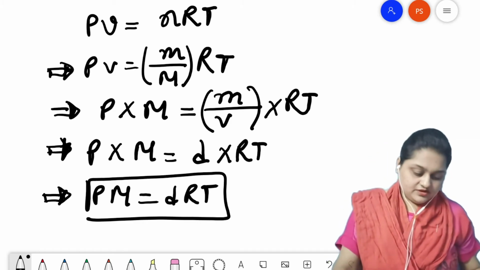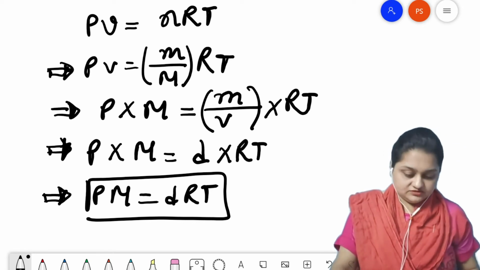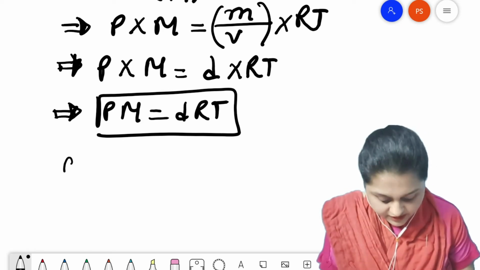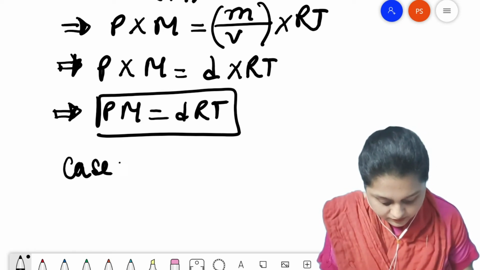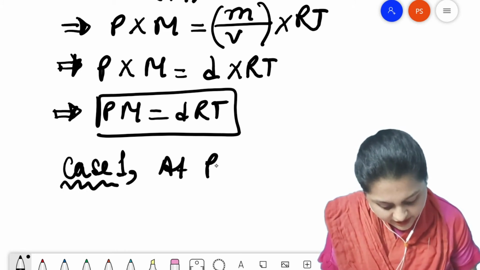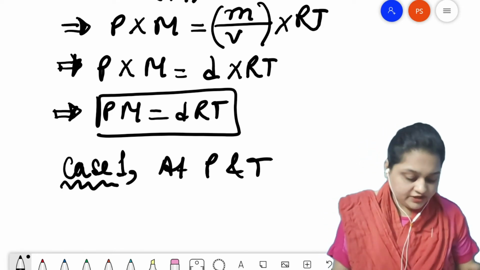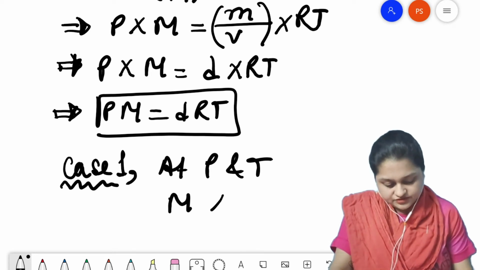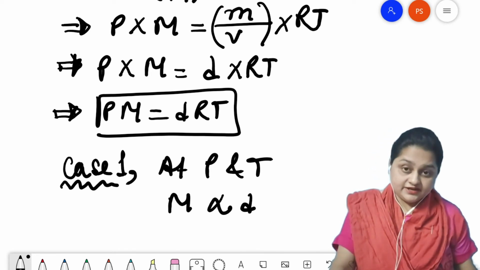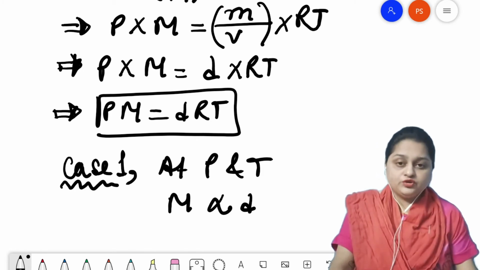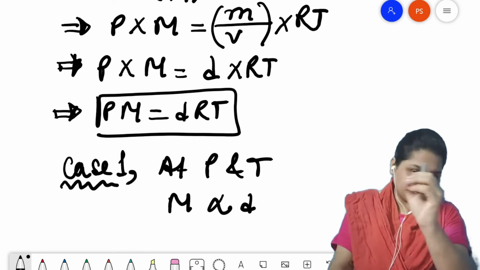Now, from this equation, three different cases can be derived. Case number 1: at constant pressure and temperature, M becomes directly proportional to the density. That is, the density of the gas is directly proportional to the molecular mass of the gas if temperature and pressure are constant.